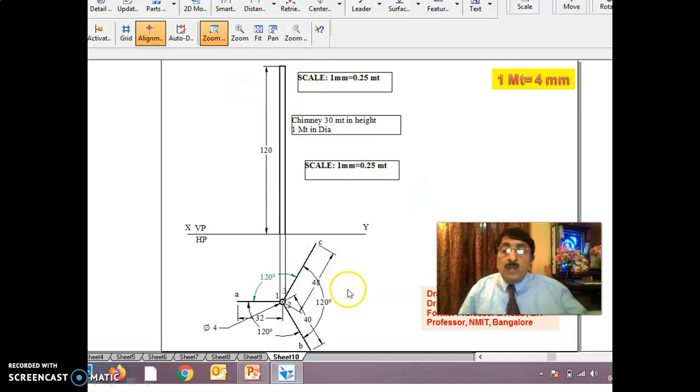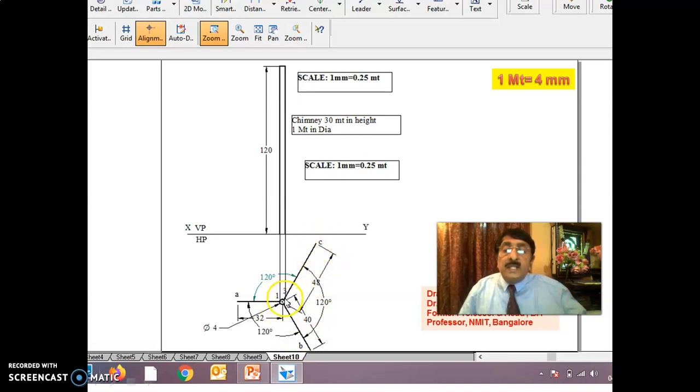That means 1A, 2B and 3C are the wires which are supporting this chimney. Now you are very much sure these 3 wires in the top view, they say it makes 120 degrees to each other. That is why I made 120 degrees, 120 degrees, 120 degrees. First you draw from the center 32, get A, then draw 2B 40 from the center, and again 120, then 3C, from the center you take 48.